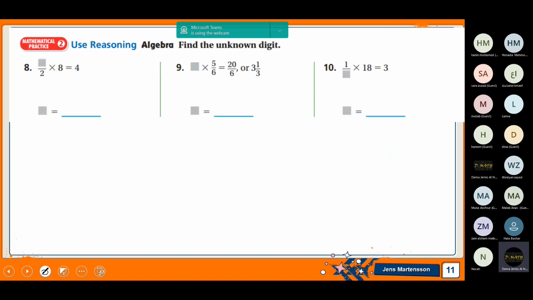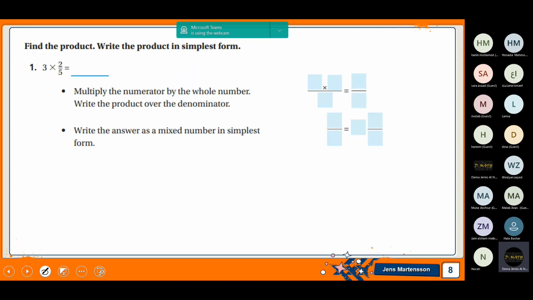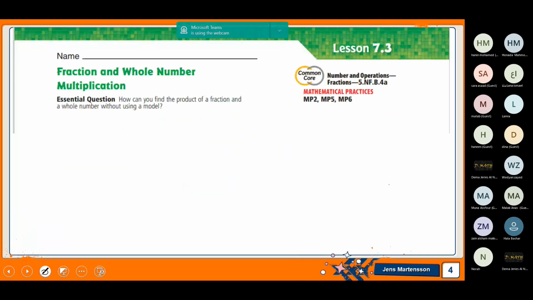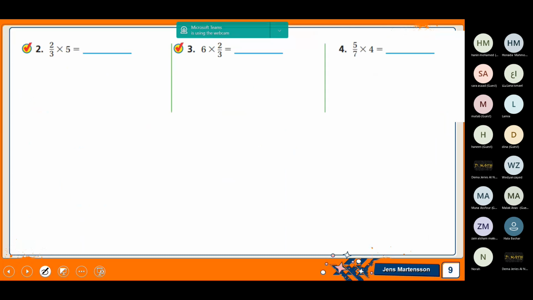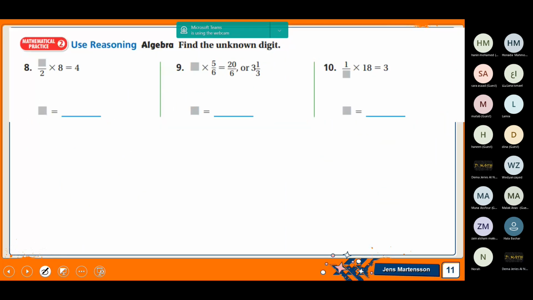Okay. Now, all of you, please go to this number on page 433. Here we have number 8. We're going to find the unknown digit.